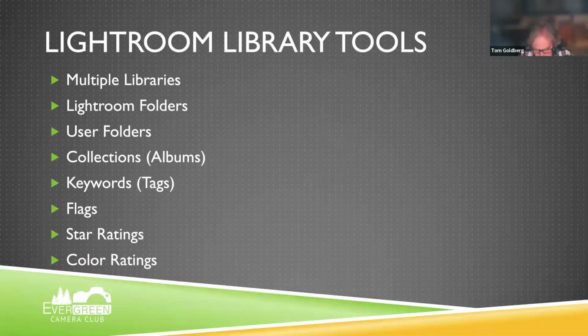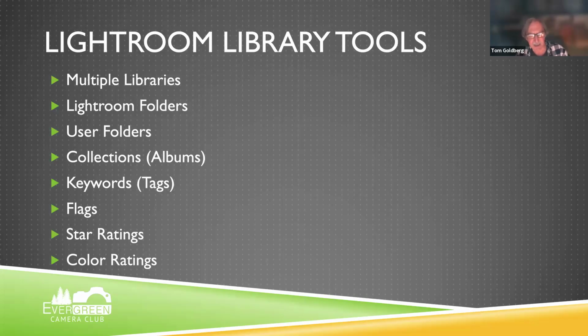As far as Lightroom's library goes, it has these tools for managing your photos. This is pretty much everything that Lightroom provides. You can set up multiple libraries, multiple folders within Lightroom, and your own user folders. Aside from your physical organization on the computer, that would be folders, you can create albums, or what Lightroom calls collections.